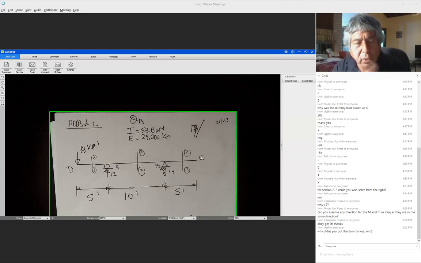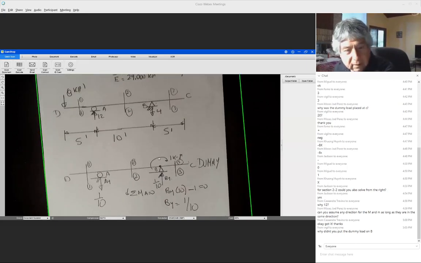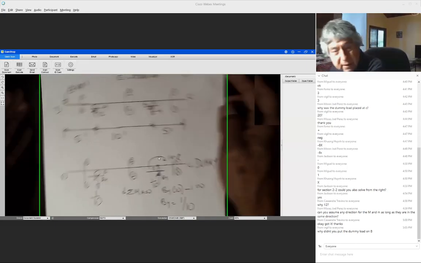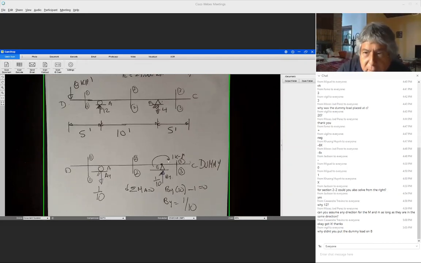Deflection goes with unit load. Rotation goes with unit moment. So my dummy load at B now is a moment. Because they want a slope, I put a moment. If I want deflection, I put a load. So, you question, why didn't you put the dummy load at B? I'm putting the dummy moment.